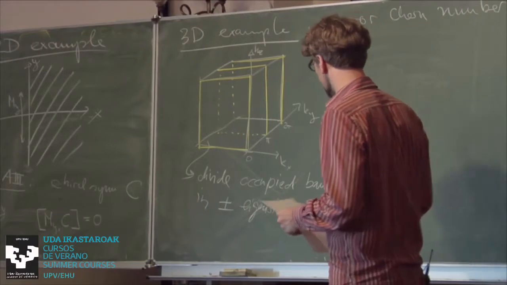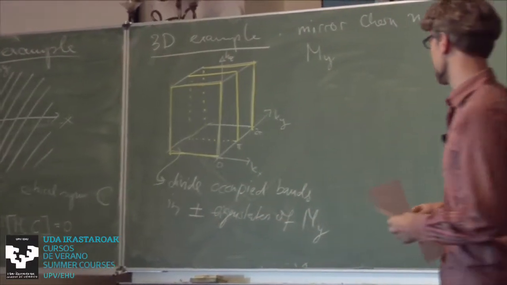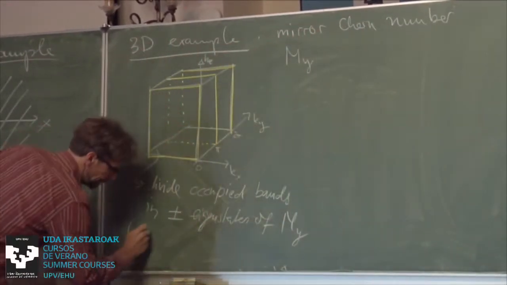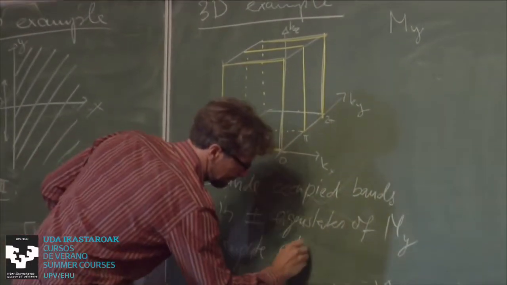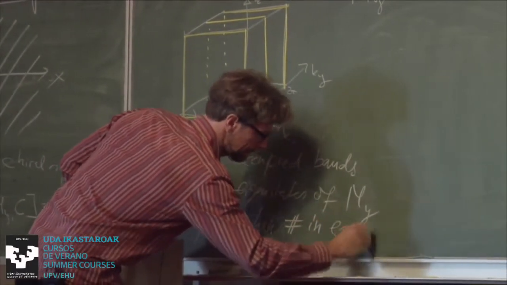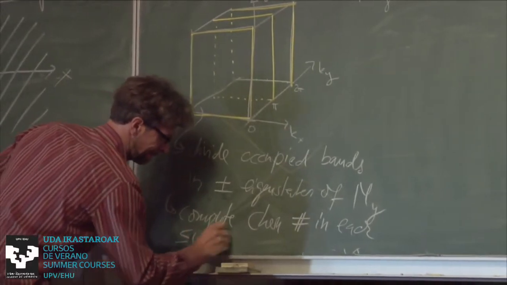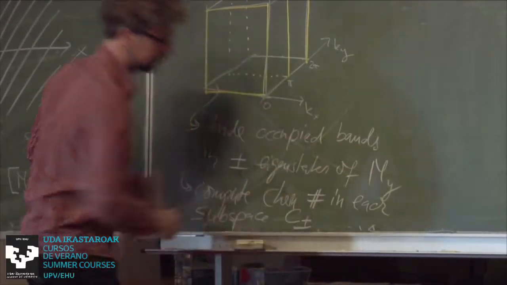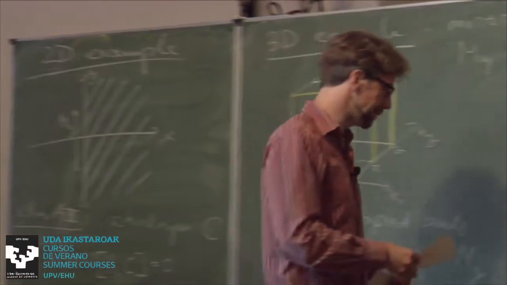And I can ask what is the Chern number in each of the two subspaces. I'll call them C plus and C minus. You get two Chern numbers, so two completely detached subspaces.